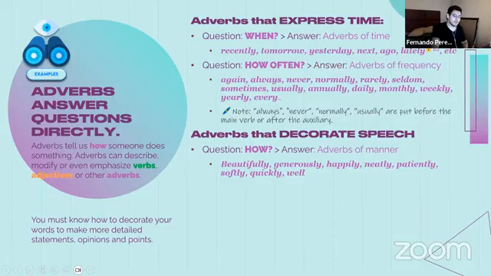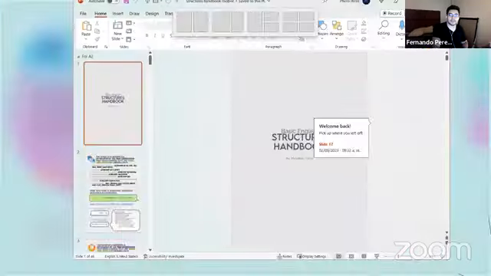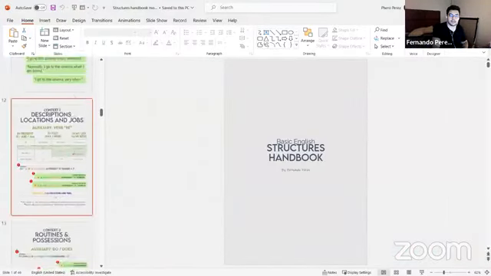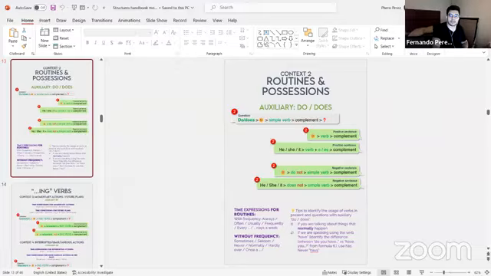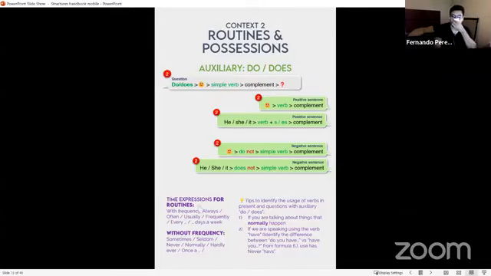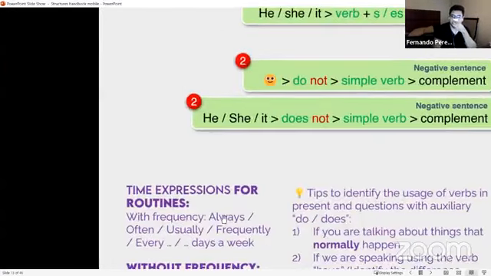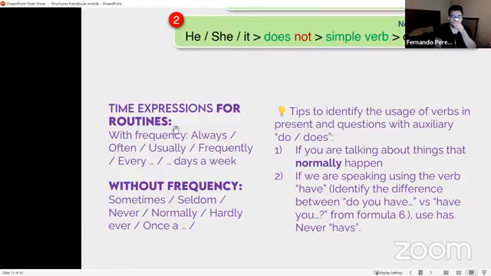That's the reason your structures handbook has this section. You see?